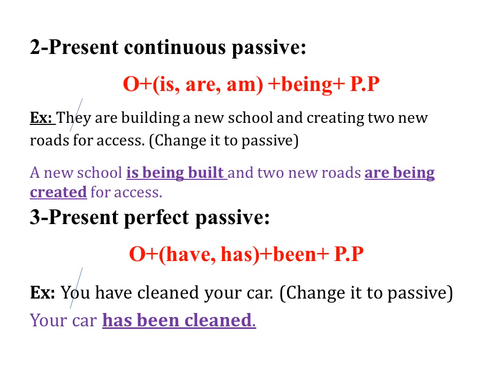Now we have number two, present continuous passive. As you see, we have this pattern: object, is, am, are, plus being, plus past participle. Let us see this example: they are building a new school and creating two new routes for access.